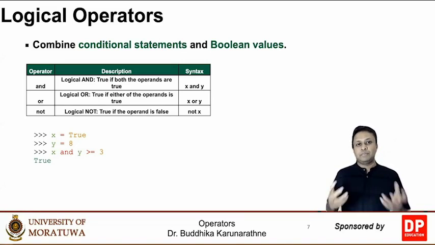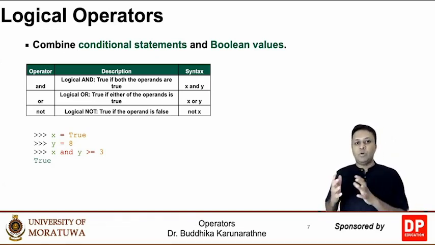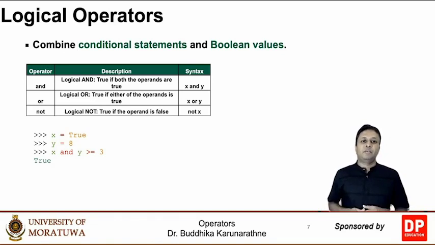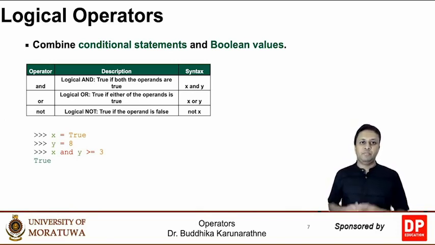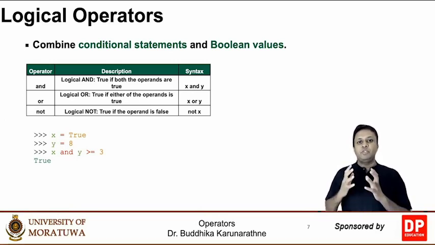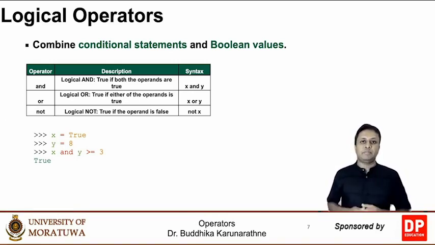When using the AND operator, the expression will only return true if both operands are true. Whereas using the OR operator will result in true if at least one of the operands is true. Finally, the NOT operator will only give true if the Boolean expression in the operand is false.